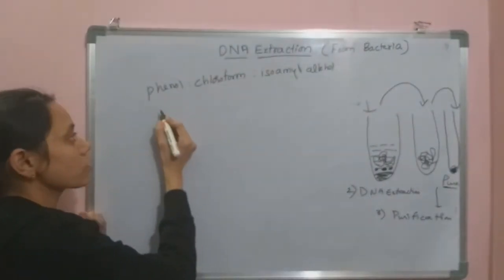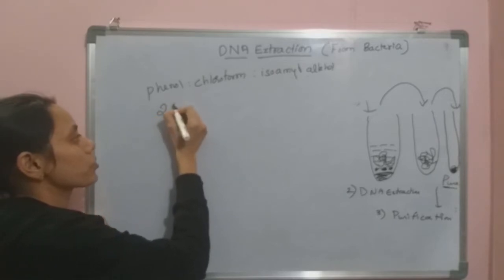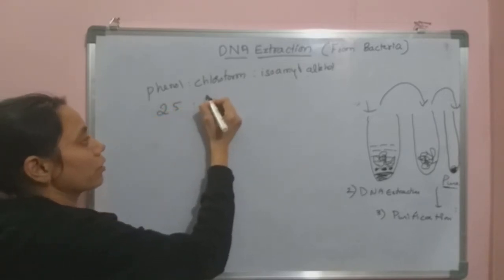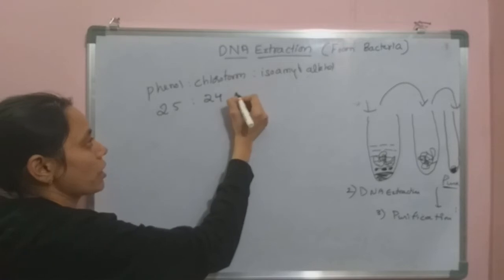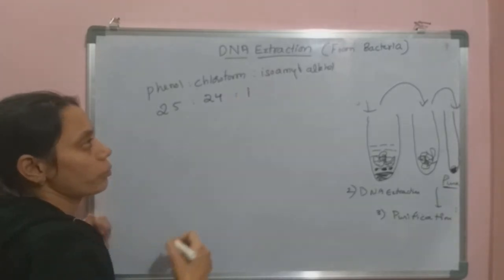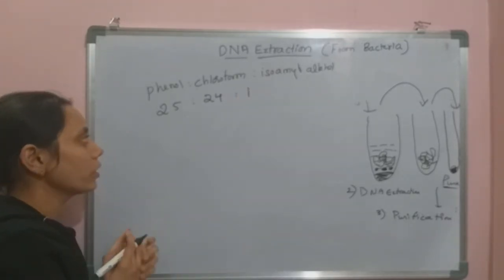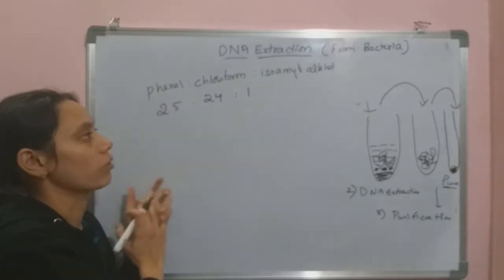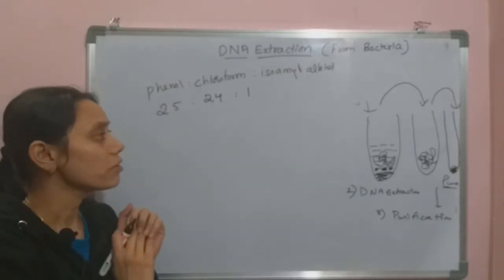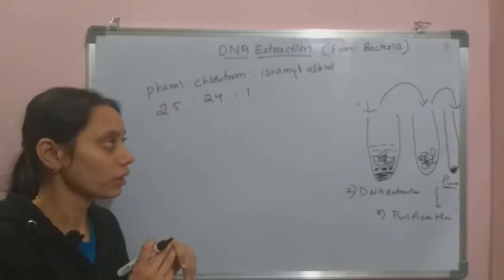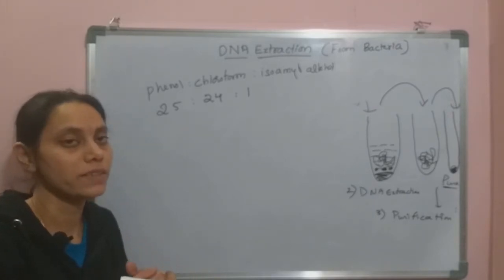Here the phenol proportion will be 25, chloroform will be 24, and isoamyl alcohol proportion will be only 1.